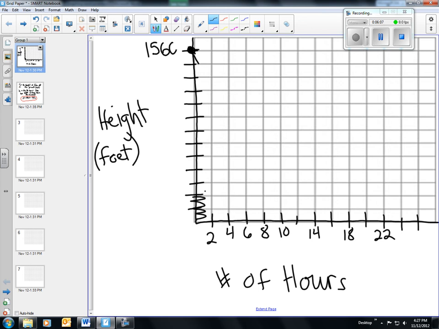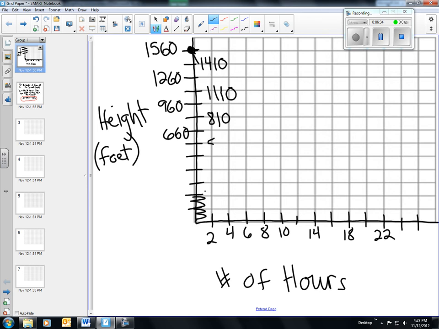You could start at 1560, and you could go down by 150 every time. So if you did that, you'd have 1410 here. You'd have 1260 here. You'd have 1110 here. And then 960 here. 810 here. 660 here.